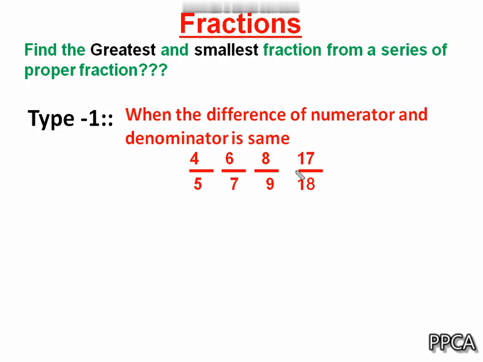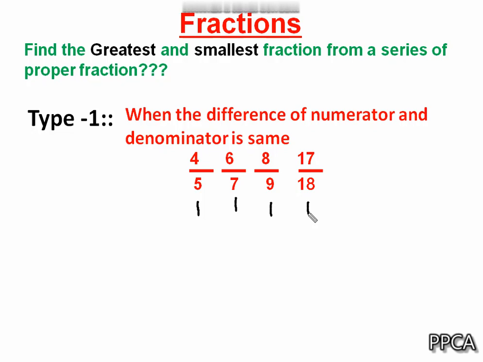Now we calculate the difference value. In the first fraction, 5 minus 4 is 1; 7 minus 6 is 1; 9 minus 8 is 1; 18 minus 17 is 1. In this case the differences of all 4 fractions are the same, that is 1.